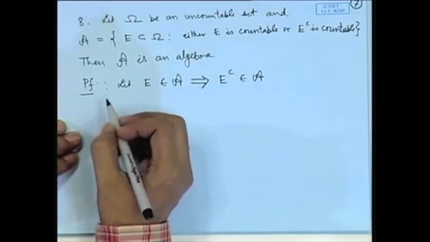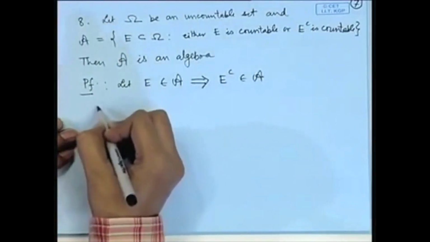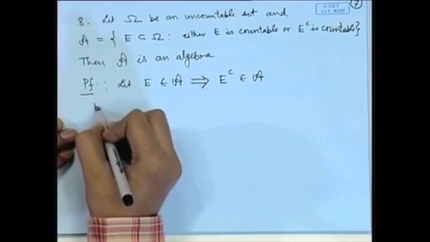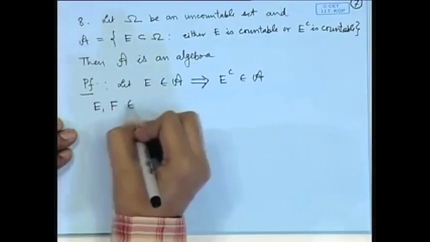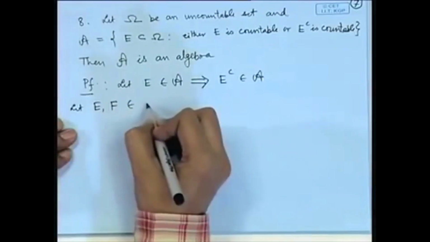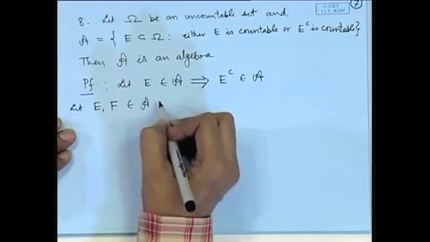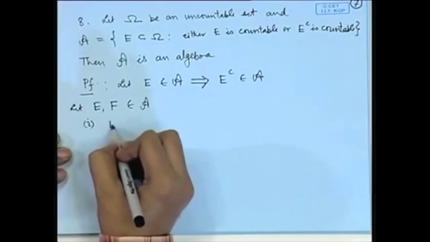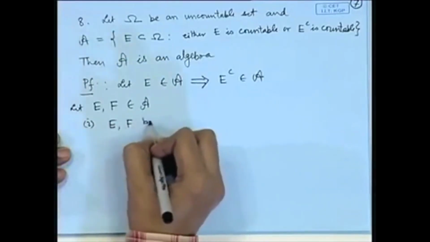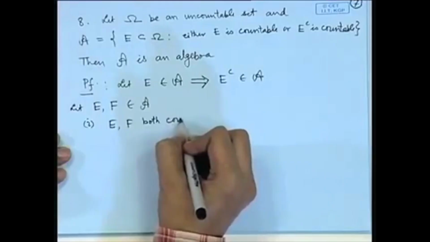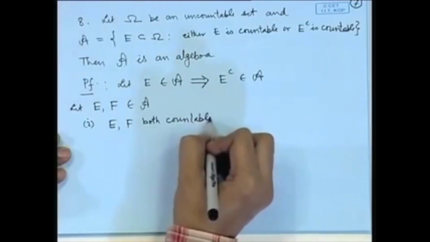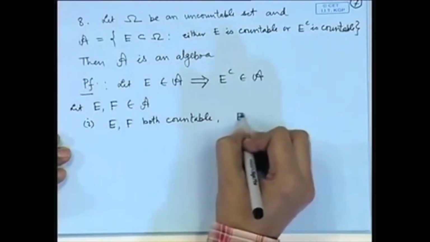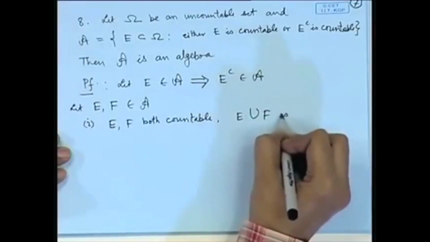If I consider two sets, say E and F belonging to A, then there are different cases. Say E and F both countable. If both of them are countable, then E union F is also countable.